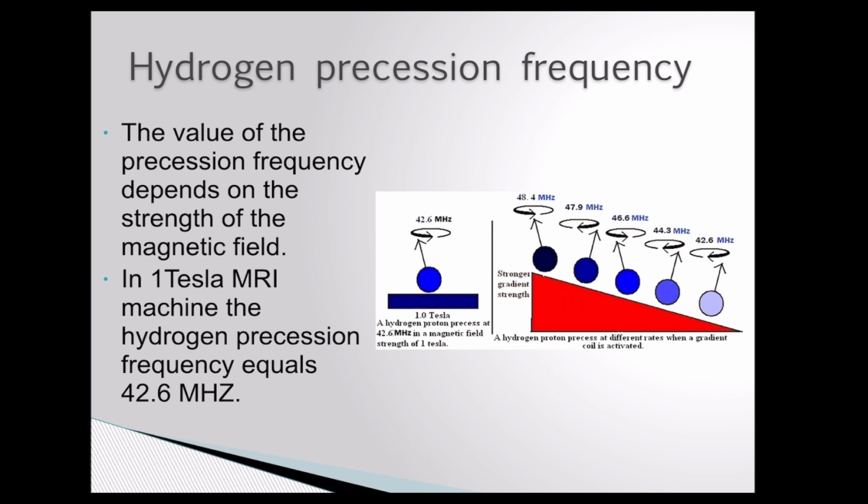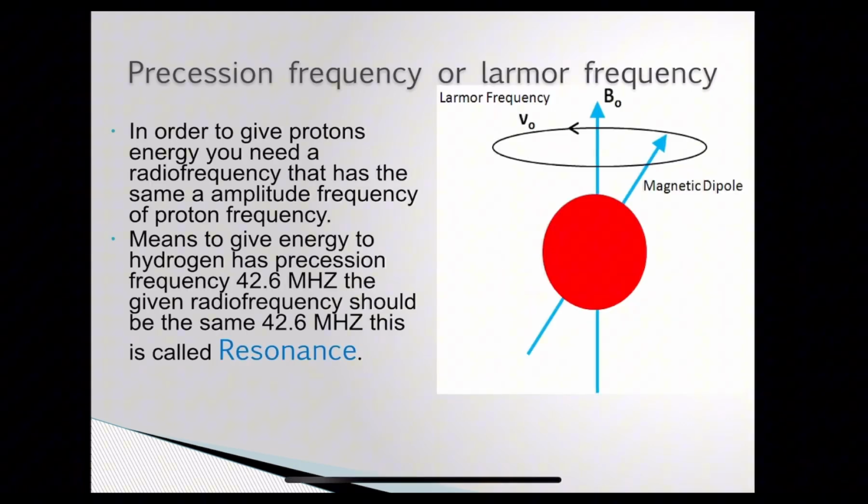You can see in the diagram, when we increase the strength of the magnetic field, or the strength of a gradient, since the gradient changes the strength of the magnetic field, the frequency of the hydrogen changes according to the strength of the magnetic field. When the magnetic field is stronger, it increases. This is the precession frequency, or Larmor frequency.